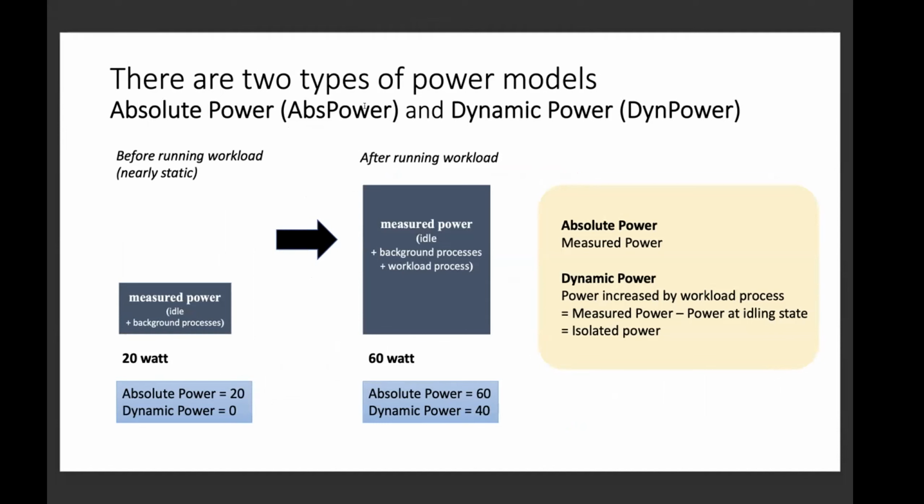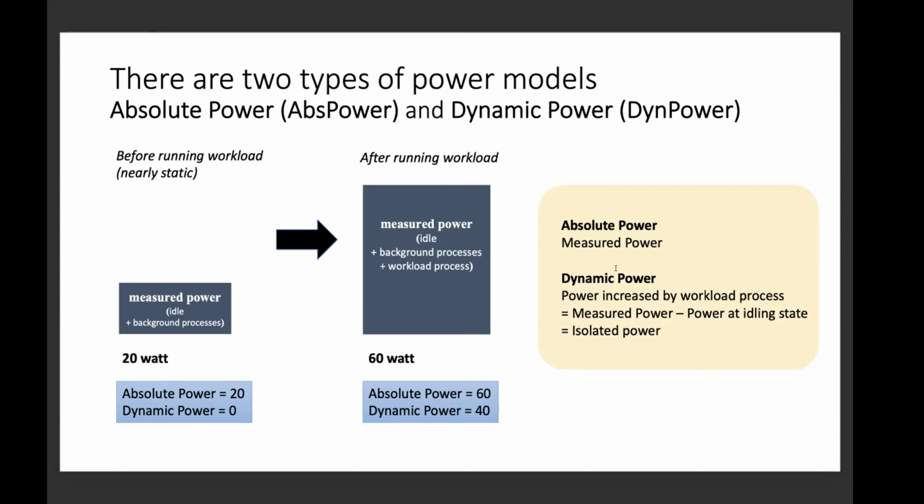One is what we call absolute power, and the other is what we call dynamic power. The absolute power is the power that we measure, while the dynamic power is the power that we associate with the workload process or with a single container. So these are the different levels of the power model that we are going to work on.